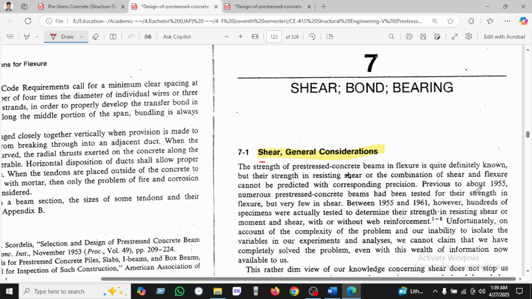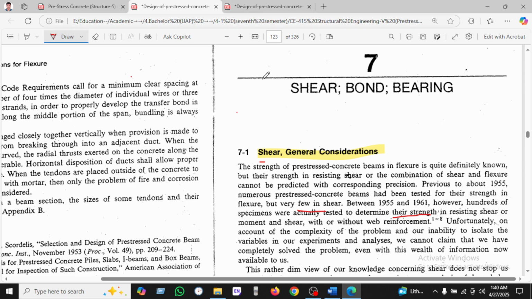Previously, about 1955, numerous pre-stress concrete beams had been tested for their strength in flexure, but very few in shear. Between 1955 and 1961, however, hundreds of specimens were tested to determine the strength of resisting shear and moment, and shear without reinforcement.